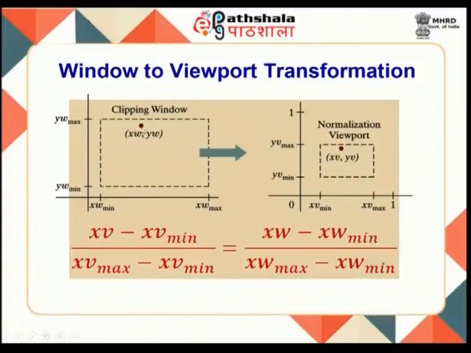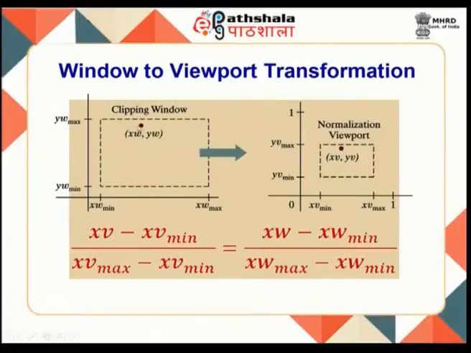That gives us a ratio, XW minus XW min by XW max minus XW min, a value in the interval 0 to 1. This point in the viewport should be at exactly the same percentage distance from the left boundary of the viewport.